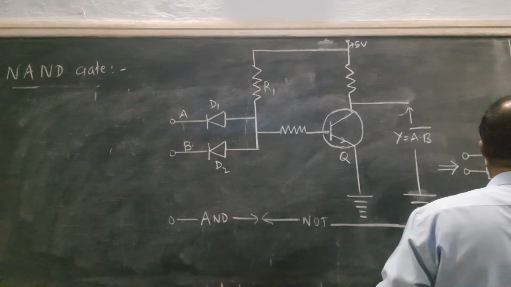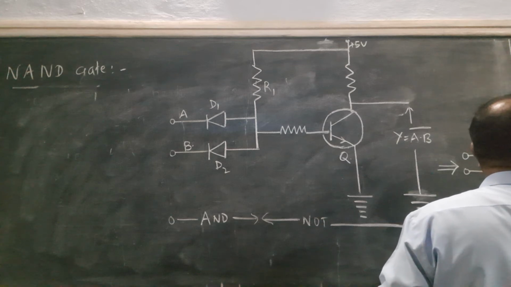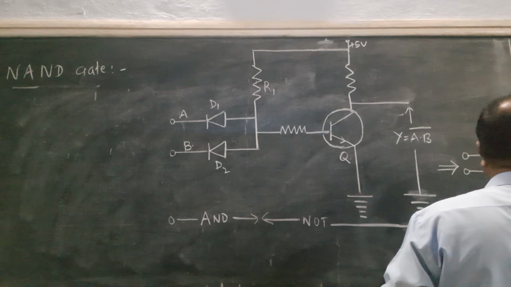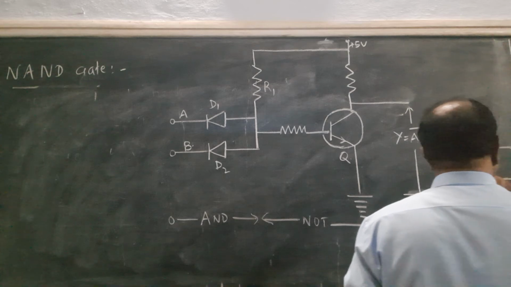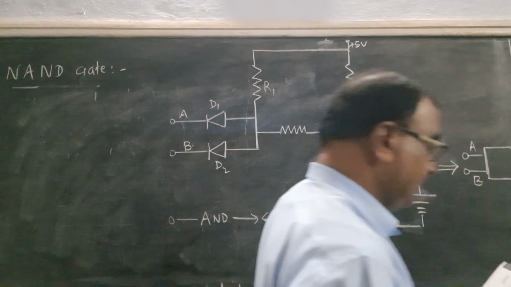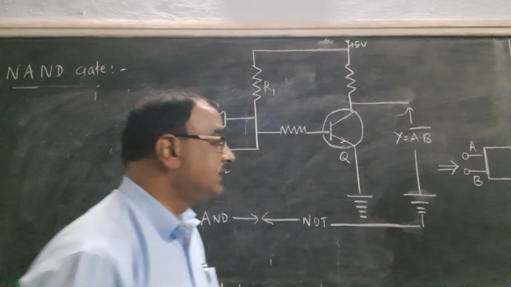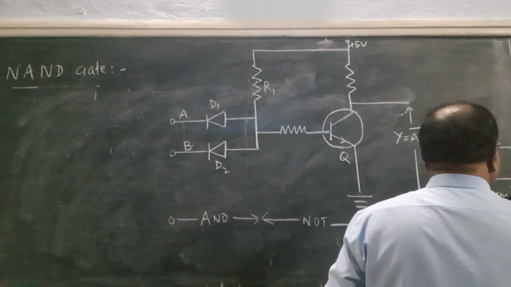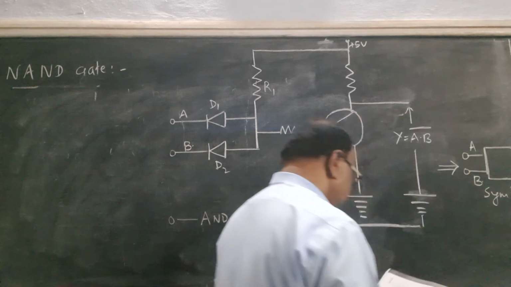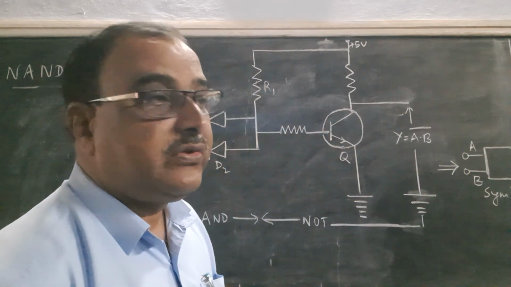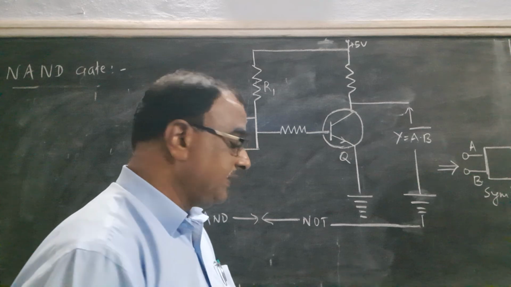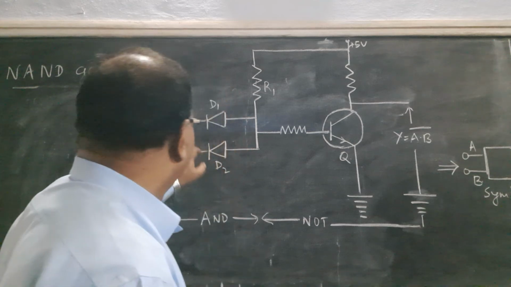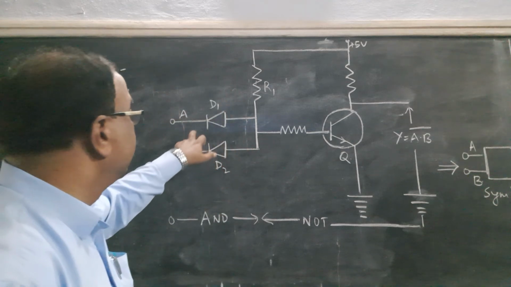From here it is output Y, that is equal to A dot B bar. This is A and this is B. They are the inputs, right? So this is the symbol of NAND gate, right?